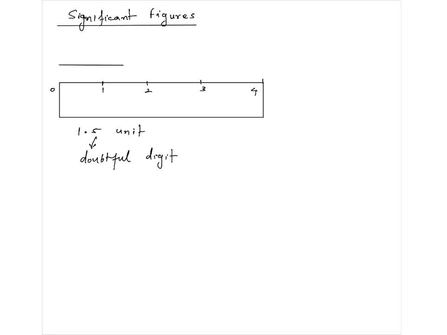Now, why are we discussing this? In calculations, if you have calculators, for example, then it will give you the answer up to so many decimal digits: 5, 7, 8, 9, 10.